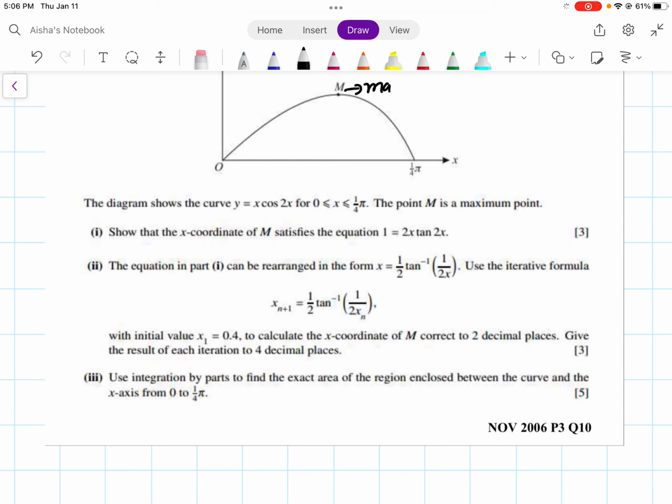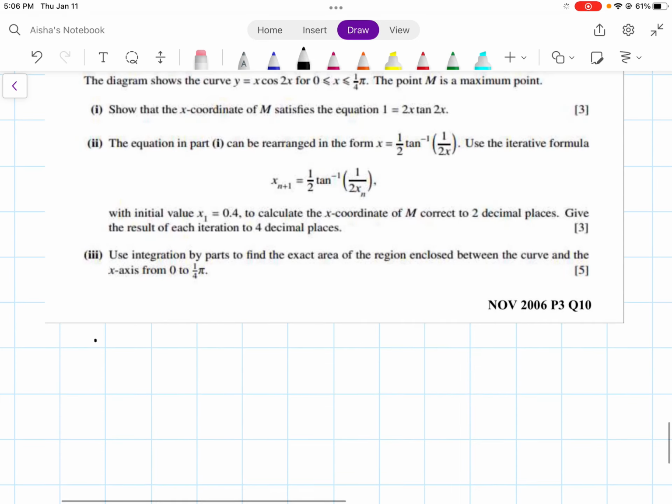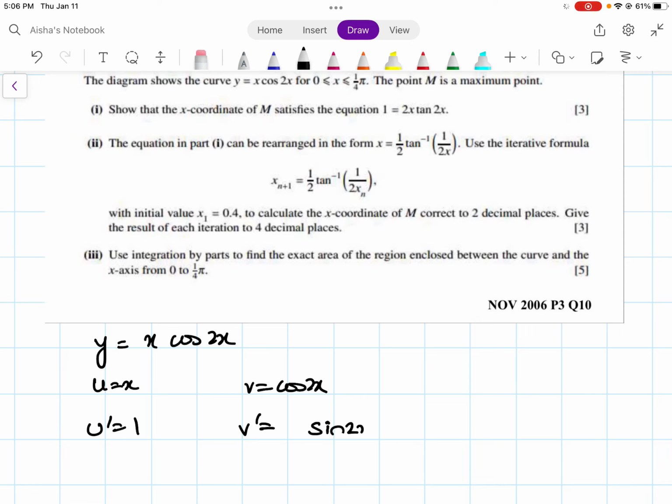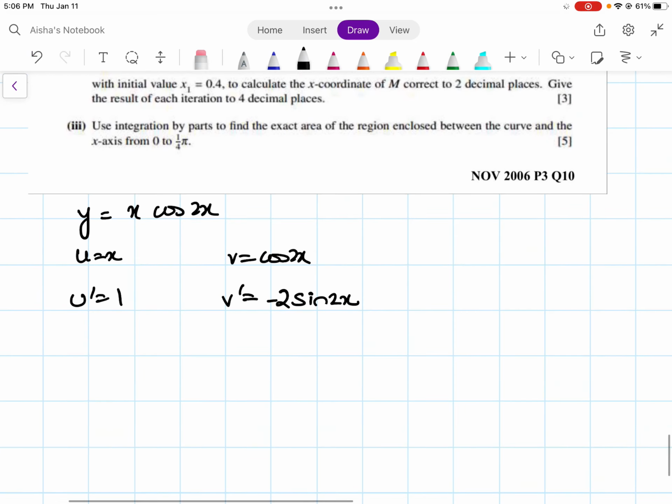M is a maximum point. On the maximum point, you know the differential is equal to 0. So the equation is: u is x, the differential of cos is sine, now u dv plus v du.